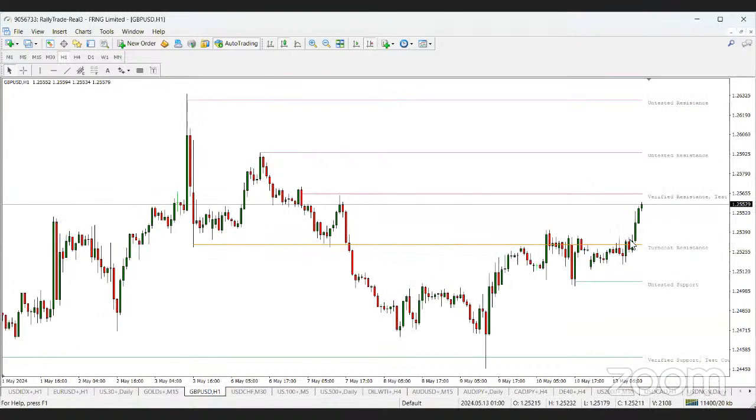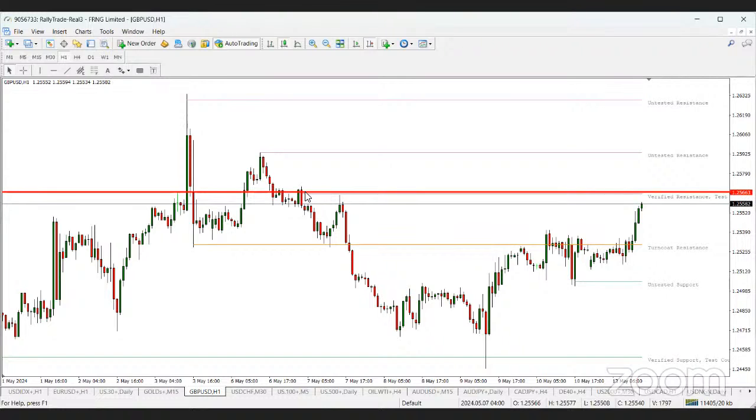It broke this particular structure here. It's already approaching this particular point here, right? So this is somewhere to look out for, where I feel like price could likely be rejected from here. But if the weakness of the dollar continues, then price could as well break this point.